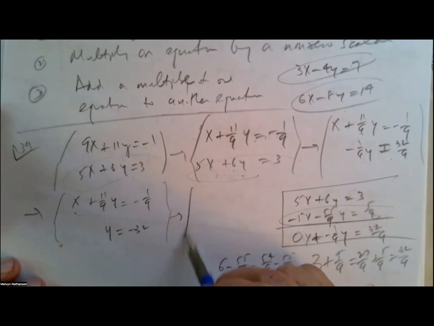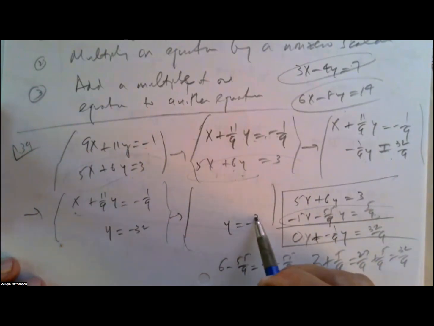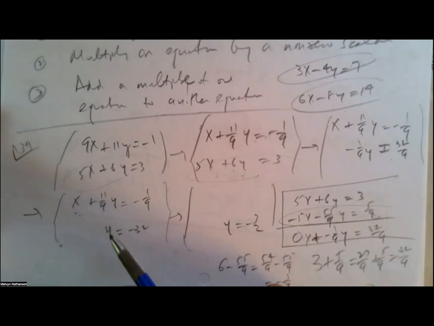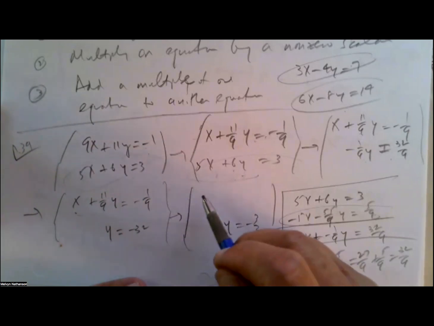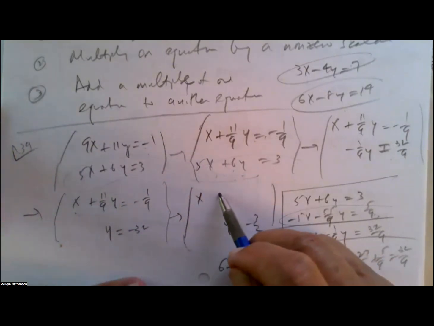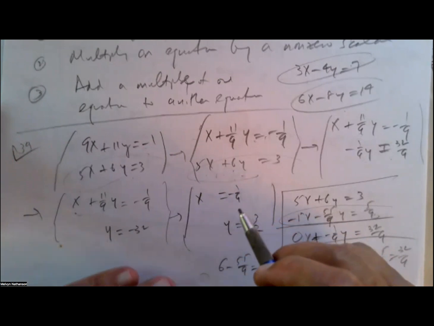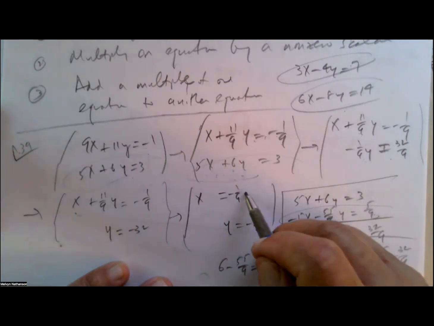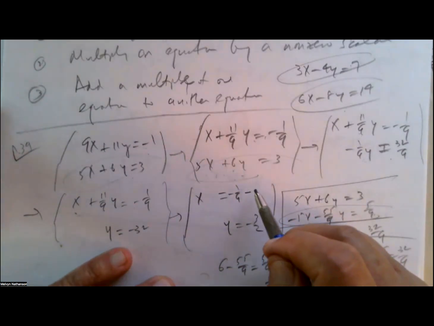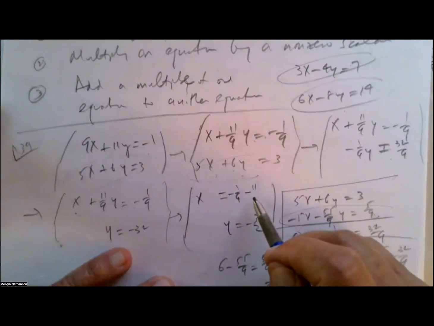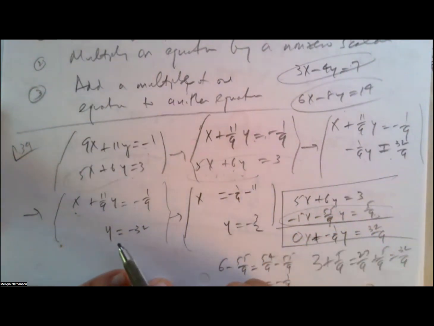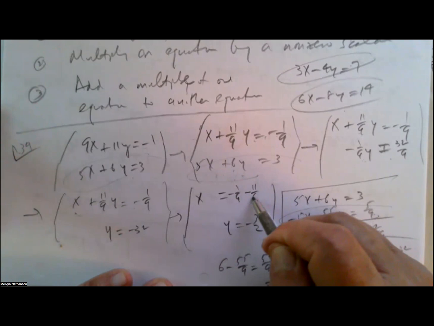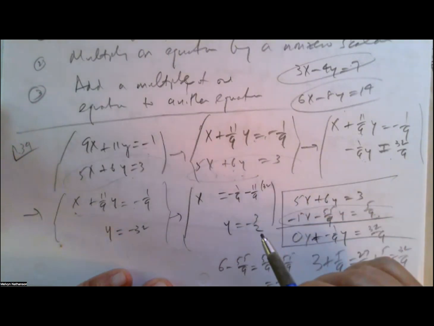Or what is the same thing, if I take -11/9 times the second equation and add it to the first, I get x plus 0 equals -1/9 minus 11/9 times 32. Sorry, I get minus 11/9 times this, minus 11/9 times 32.